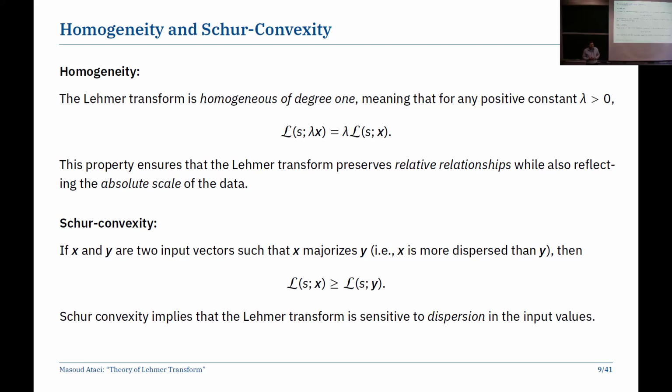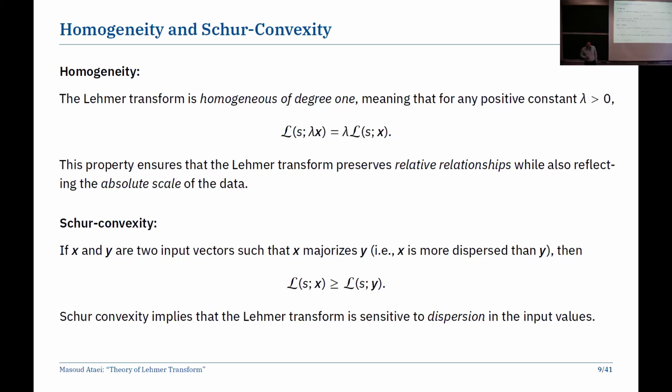The second one is that it responds to the changes in global scale, which could be particularly useful in EEG signals where the signals are measured in microvolts or millivolts. This ensures that the Lehmer transform remains sensitive to physical amplitude without requiring arbitrary normalization, which makes it possible to interpret the results in meaningful real-world units.